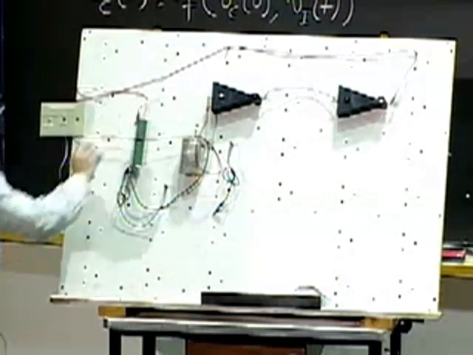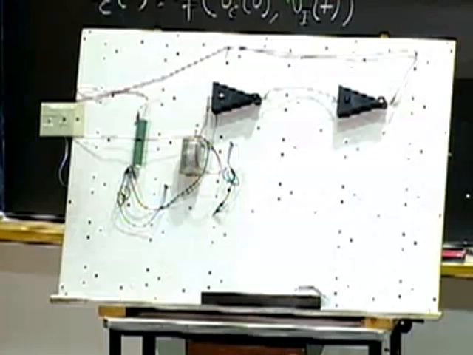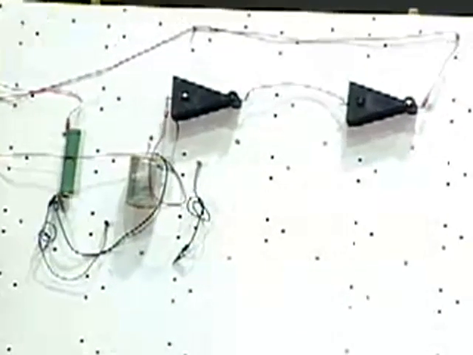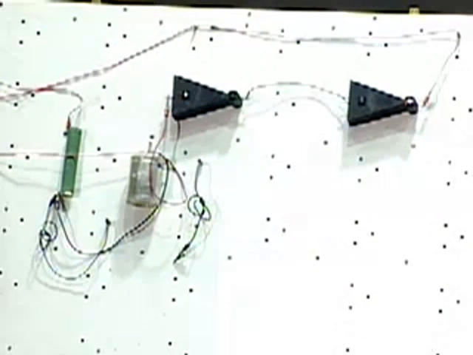This dimmed a little bit, but the output has remained okay. All right? So we've provided feedback. Now we've created a static memory. This will hold charge for as long as the circuit is powered up.